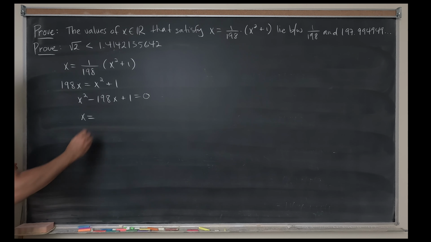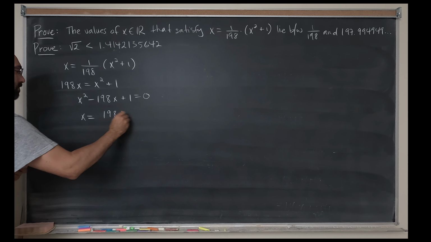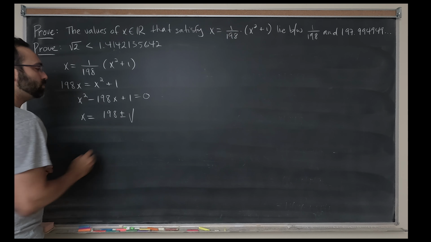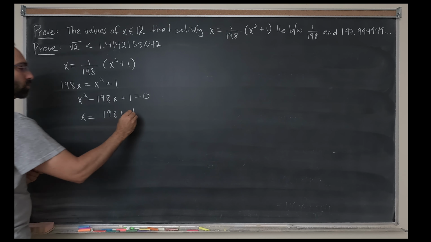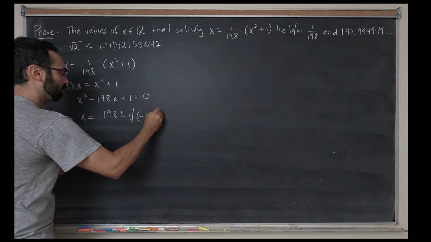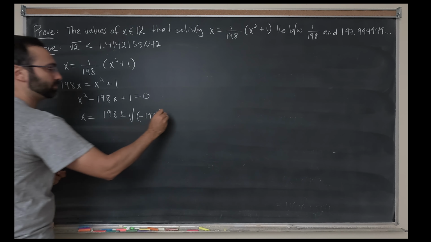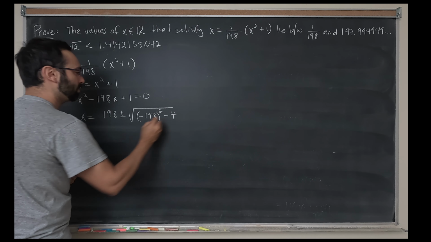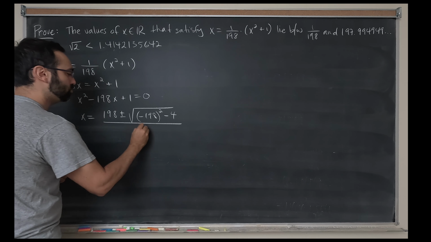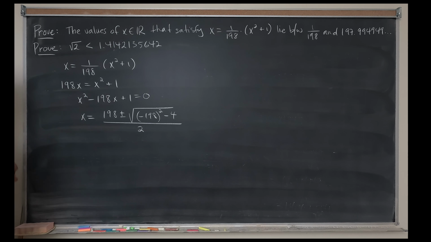We get negative b plus or minus the square root of this quantity squared minus 4 times 1 times 1, which is 4. And we divide this all by 2 times 1, which is 2.